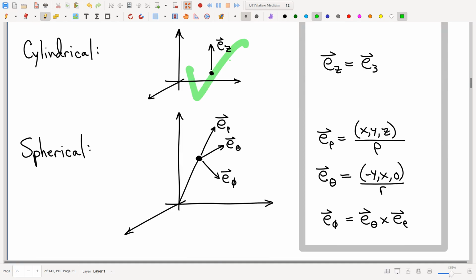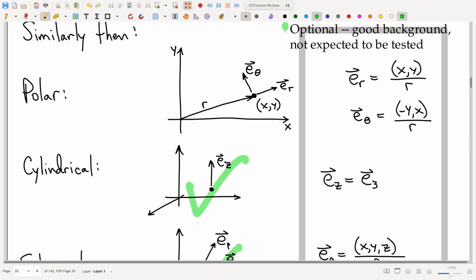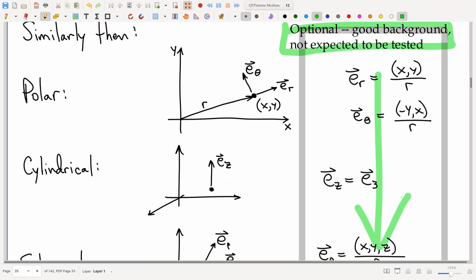We already have the E r and the E theta, but the third cylindrical standard basis vector is like so, and the spherical standard basis vectors are like so. I think it's a nice exercise to derive these formulas. Now, this is optional. You don't have to derive those formulas, but it's good geometric weightlifting, something that will make you geometrically stronger and more experienced.